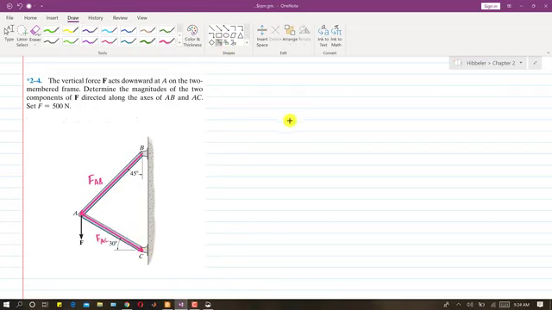Now if I draw the free body diagram, these are the two axes: this is the horizontal line, this is the negative x-axis, and this is the negative y.